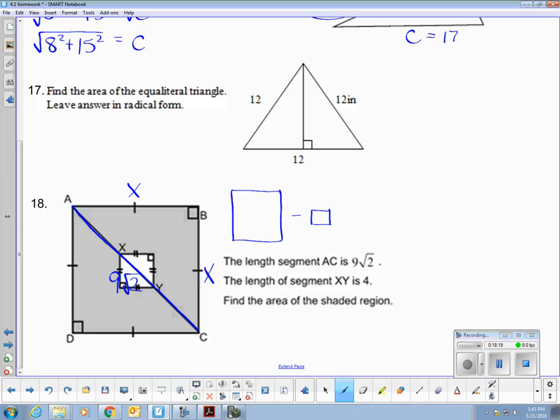So if I want to go from the hypotenuse to the leg, I'm going to take 9 radical 2 and divide it by radical 2. So that gives me 9. So the area of my large square is 9 by 9, or 81.